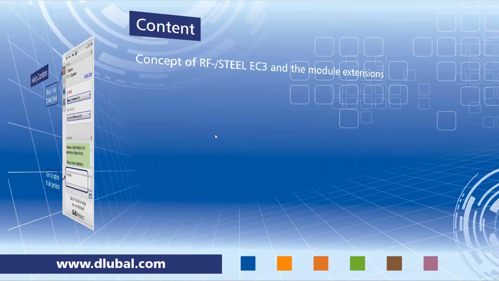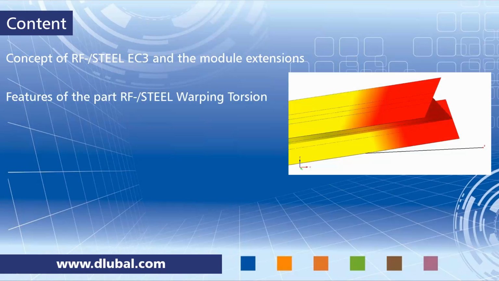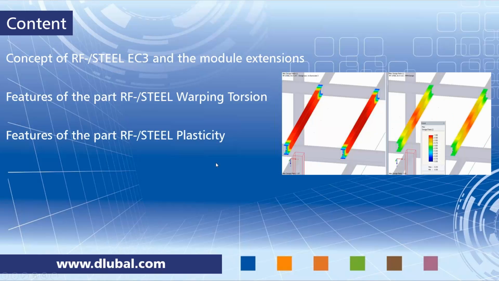We get started with the concept of the RFSteel module EC3 and its module extensions. I will then summarize a few features of the RFSteel Warping Torsion add-on module and the RFSteel Plasticity module.